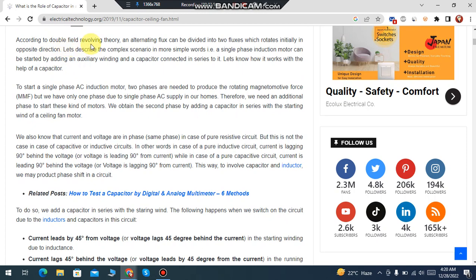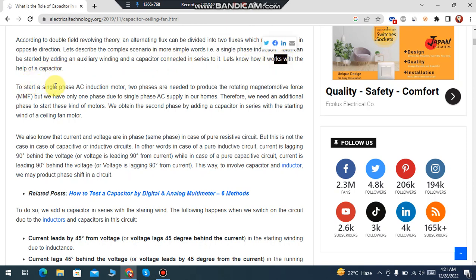According to the double field revolving theory, an alternating flux can be divided into two fluxes which rotate in opposite directions. Let's describe the complex scenario in simpler words. For example, a single phase induction motor can be started by adding an auxiliary winding and a capacitor connected in series to it. Let's see how it works with the help of a capacitor.